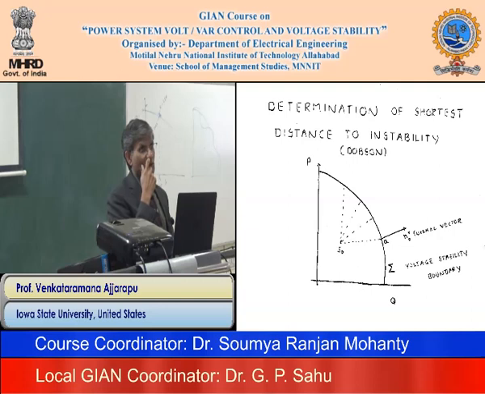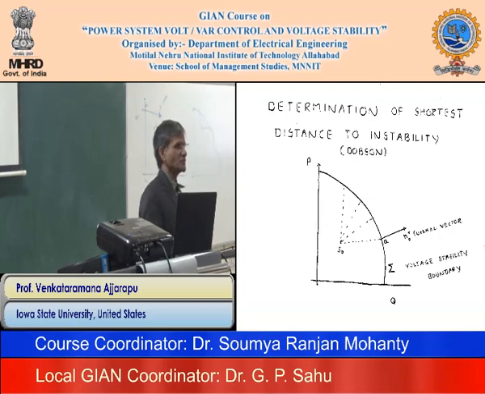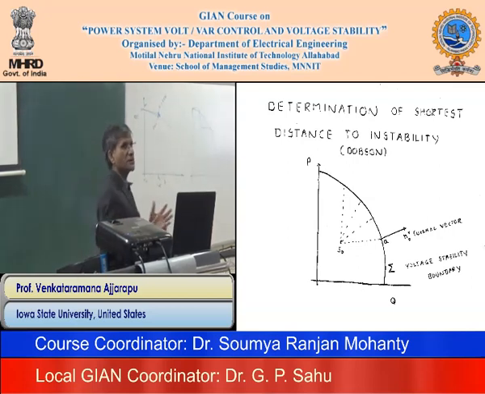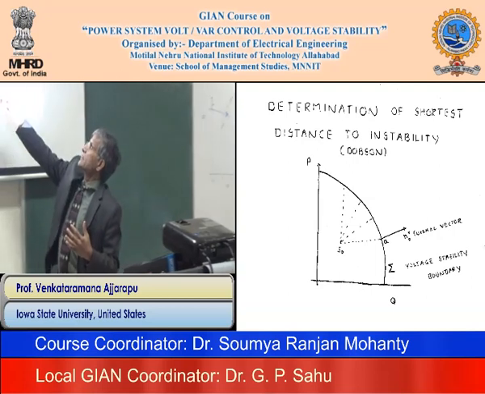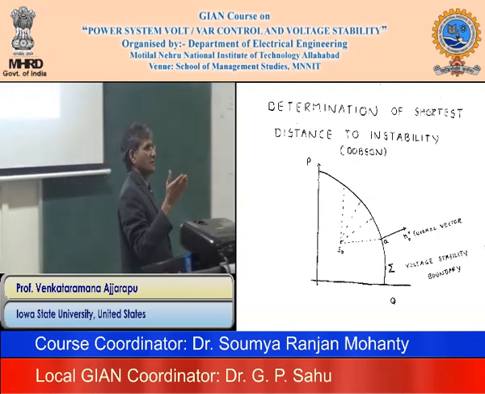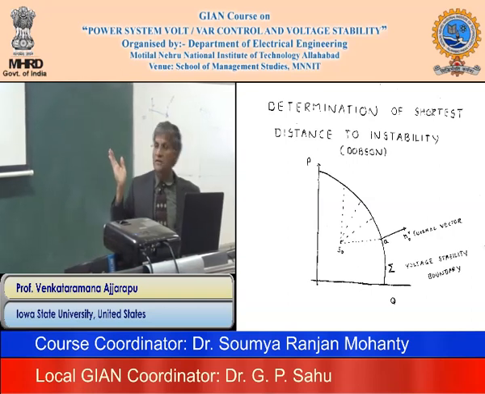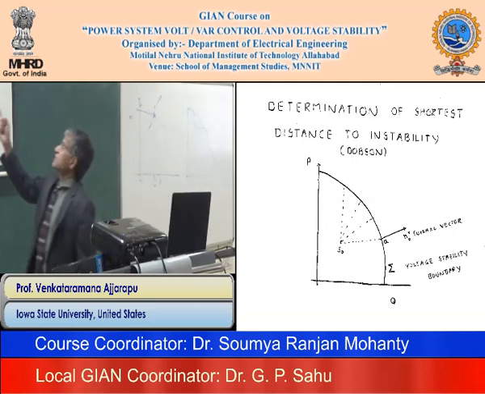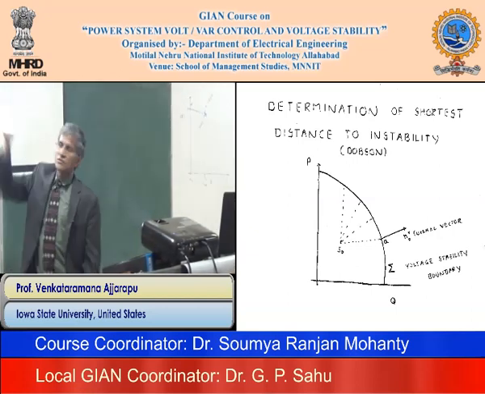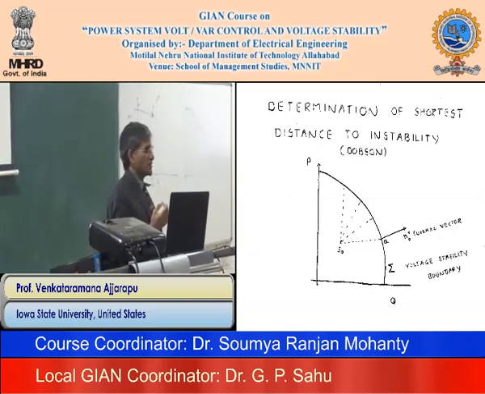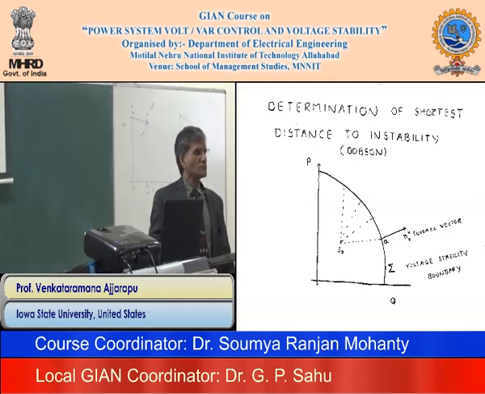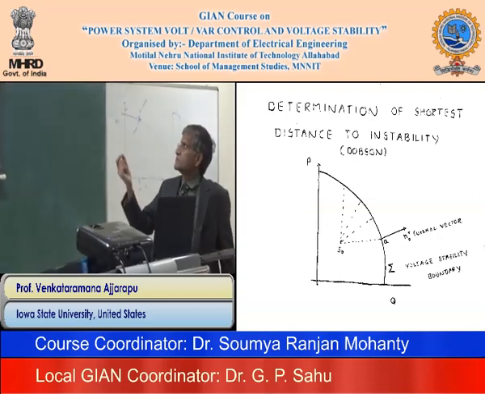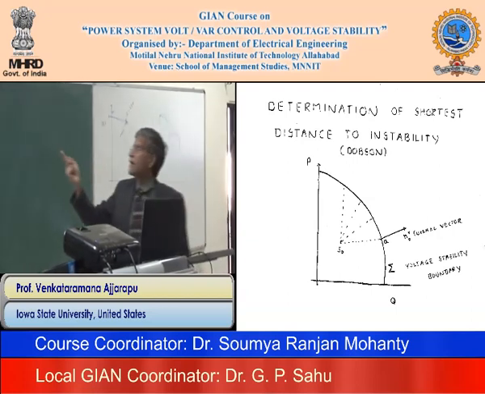That means basically what you have to do is, you need one boundary point. So you can use the continuation method, right? You can go along some direction and hit A, that is on the boundary. Once I have the boundary point, I can calculate the normal vector there. If that normal vector is not parallel to the load increase, that means that load increase is not the shortest one. So then you take that one as the initial condition and proceed.